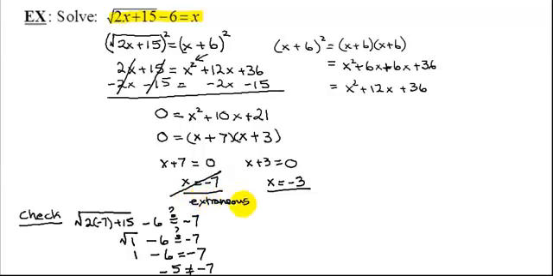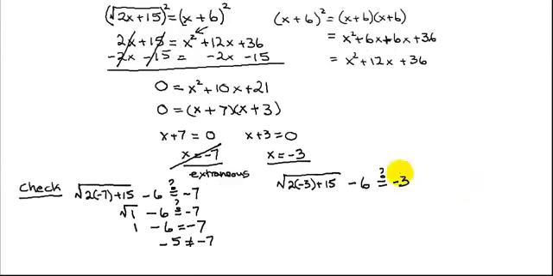So now I know that one of the solutions I got was extraneous. Now I need to check my other solution. Does the square root of 2 times negative 3 plus 15, remember all that's underneath the radical sign but the 6 is not, minus 6, equal negative 3? 2 times negative 3 is negative 6.